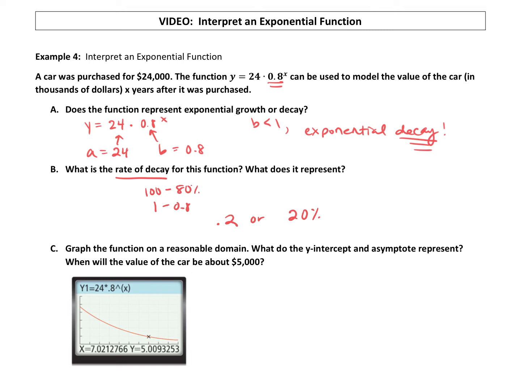So the rate of decay is 20%. What does that represent? That means that the value of the car decreases because it's a decay. It decreases by 20% each year.